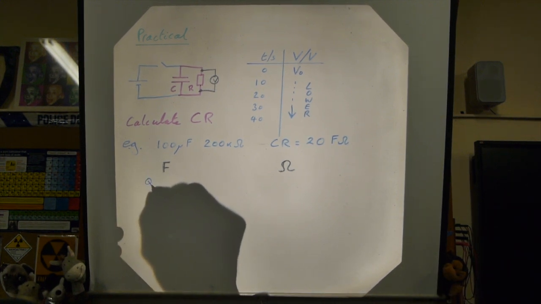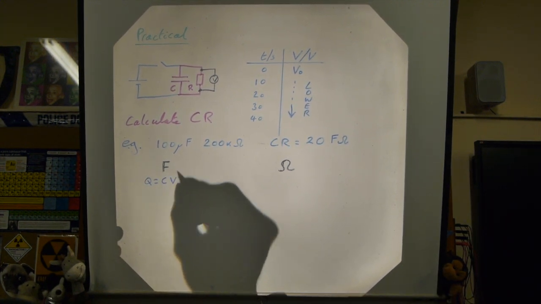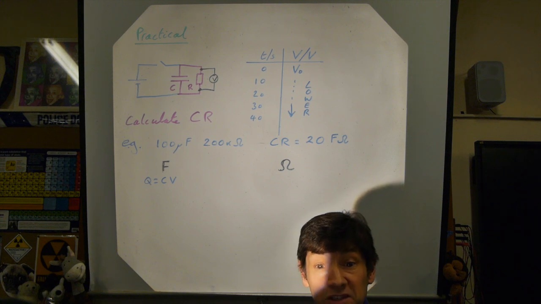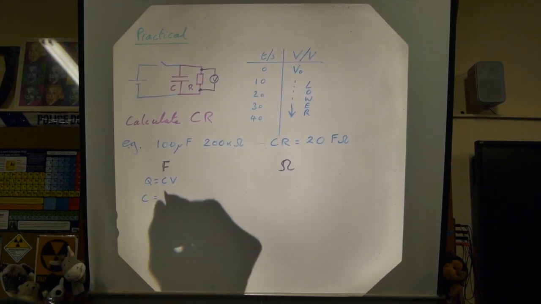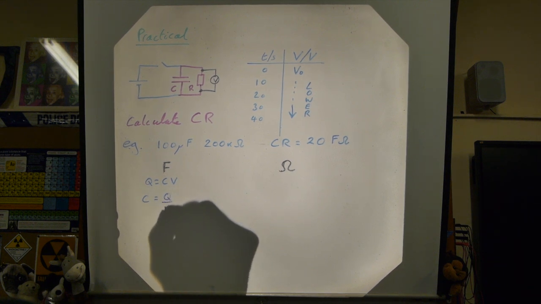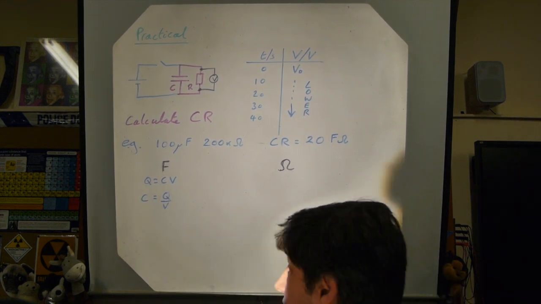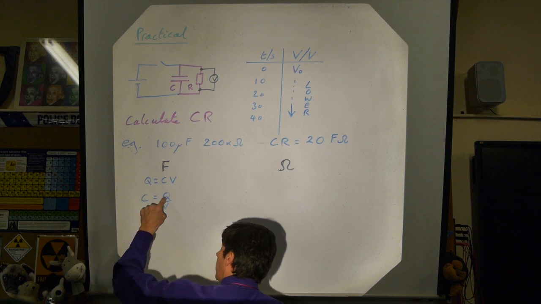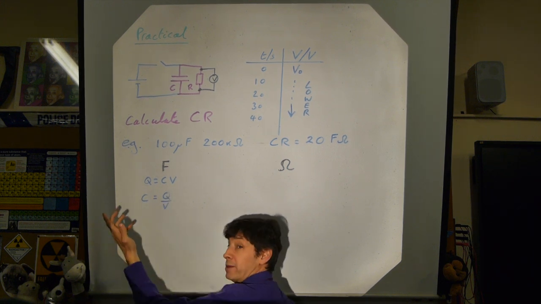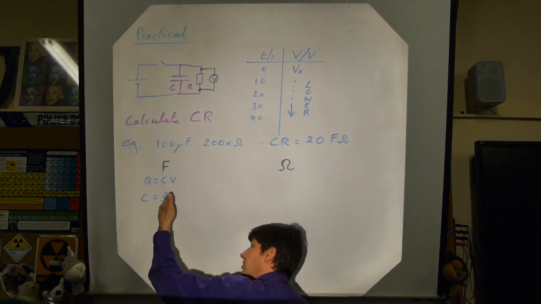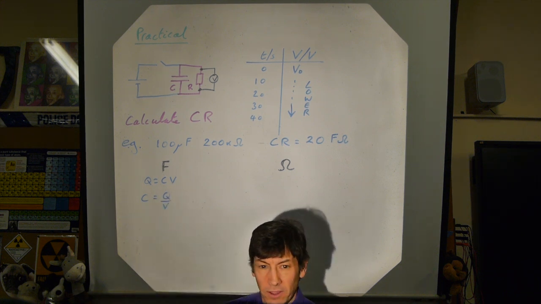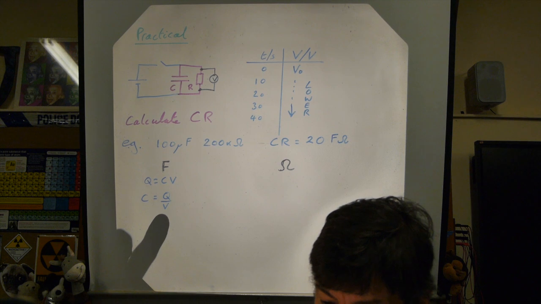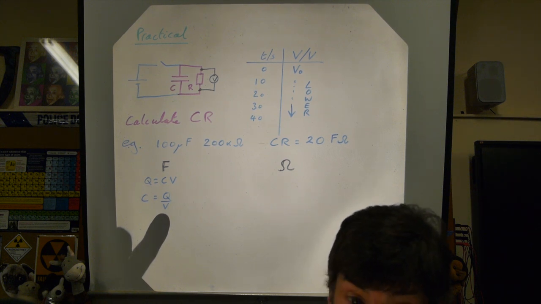Q equals CV, and we know that C is measured in farads, so C is Q over V. So we've got farads here, and coulombs per volt. Well, that's what a capacitor does, isn't it? How much charge does it store per volt? That is a farad.